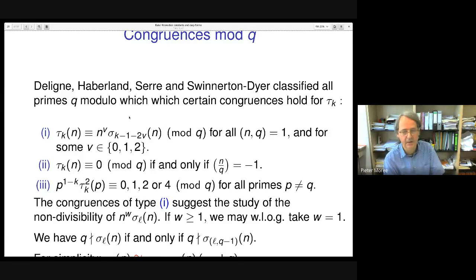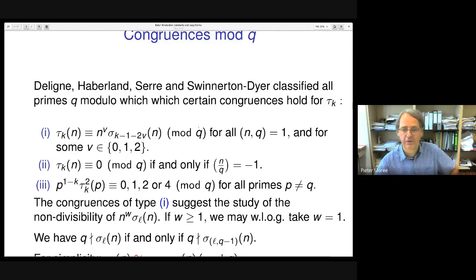Already Ramanujan himself did that in the unpublished manuscript. So this became a game, and what arose was something quite unsystematic. Then Serre and Swinnerton-Dyer came and created a theory, the ℓ-adic representation theory, and with this theory they were able to classify certain types of congruences. So, for example, this one.